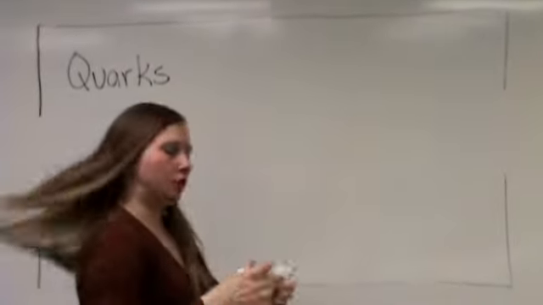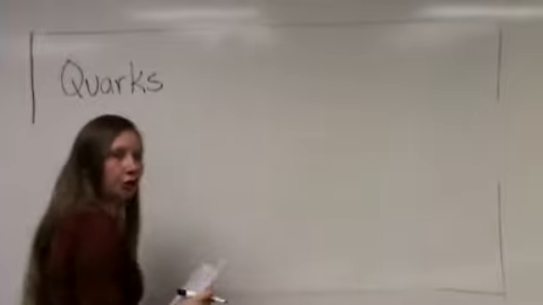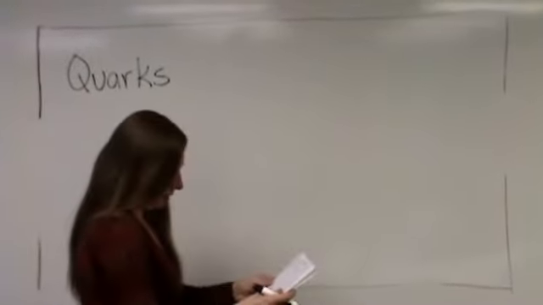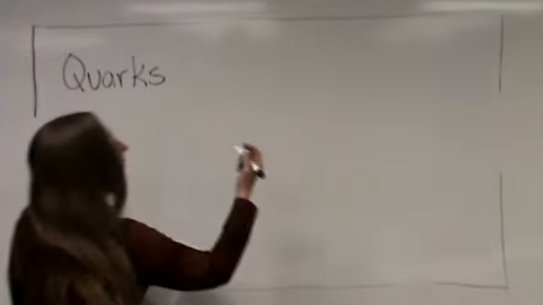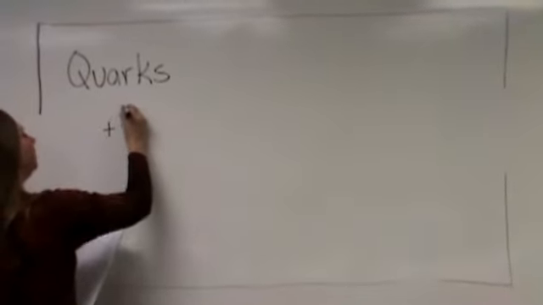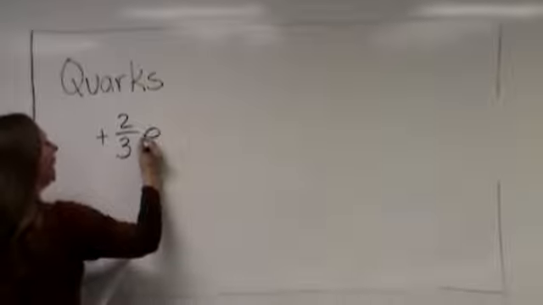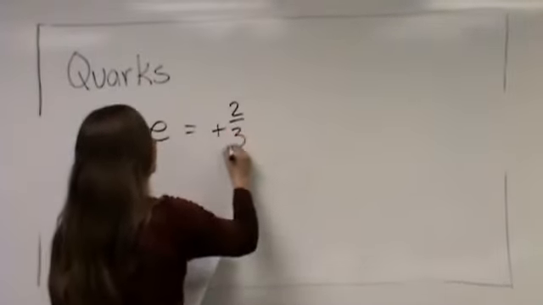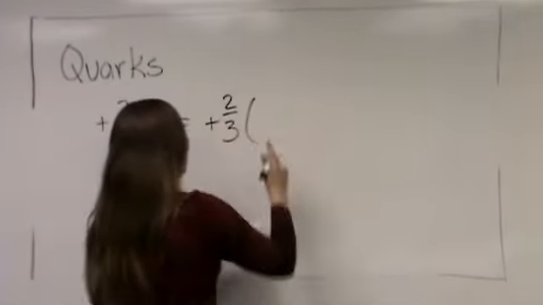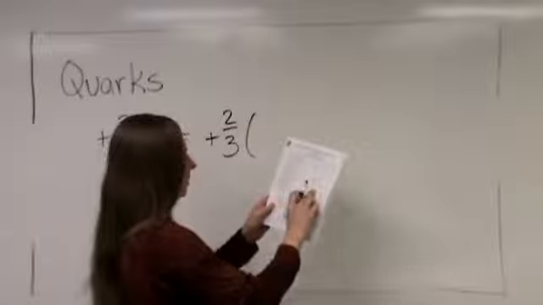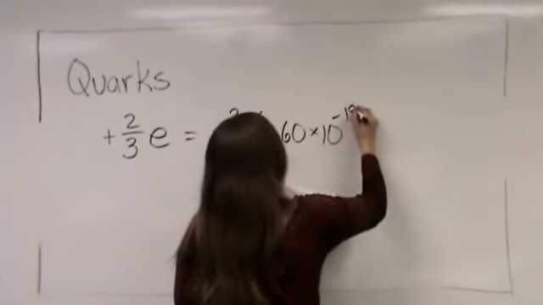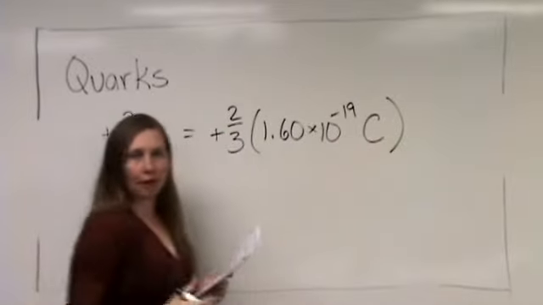All right, so let's calculate the charge on an up quark, a charm quark, or a top quark. It would be positive 2/3 times e. That's positive 2/3 times, again, you go to the front page of your reference tables and copy e, 1.60 times 10 to the negative 19 coulombs.